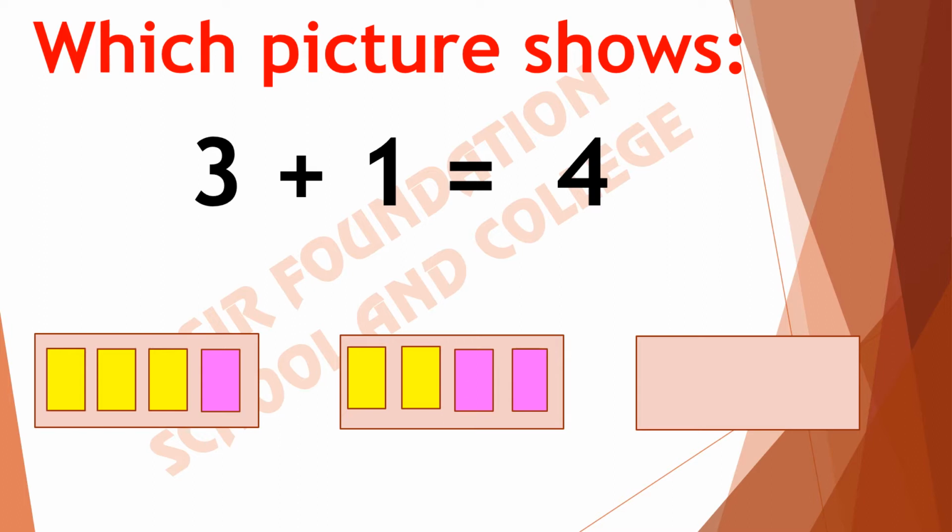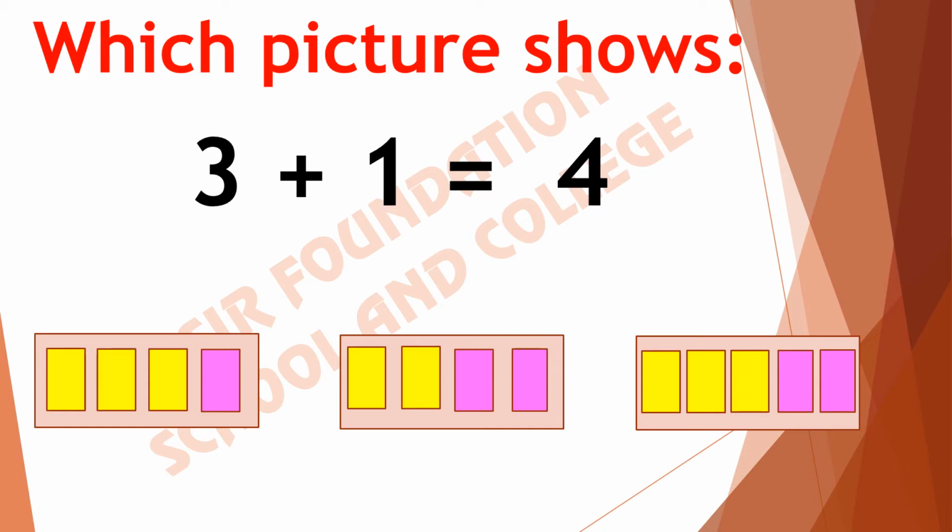In the third picture, there are 3 yellow bars and 2 purple bars.